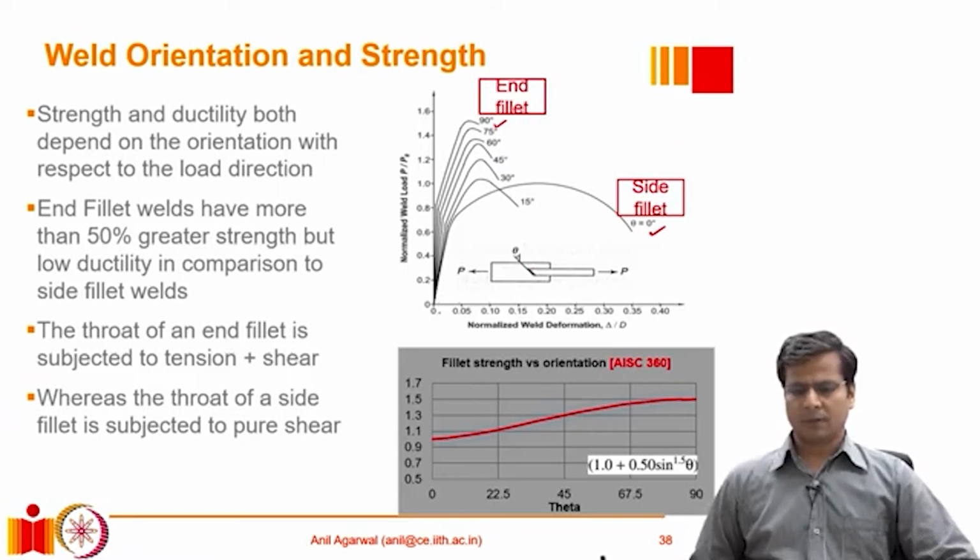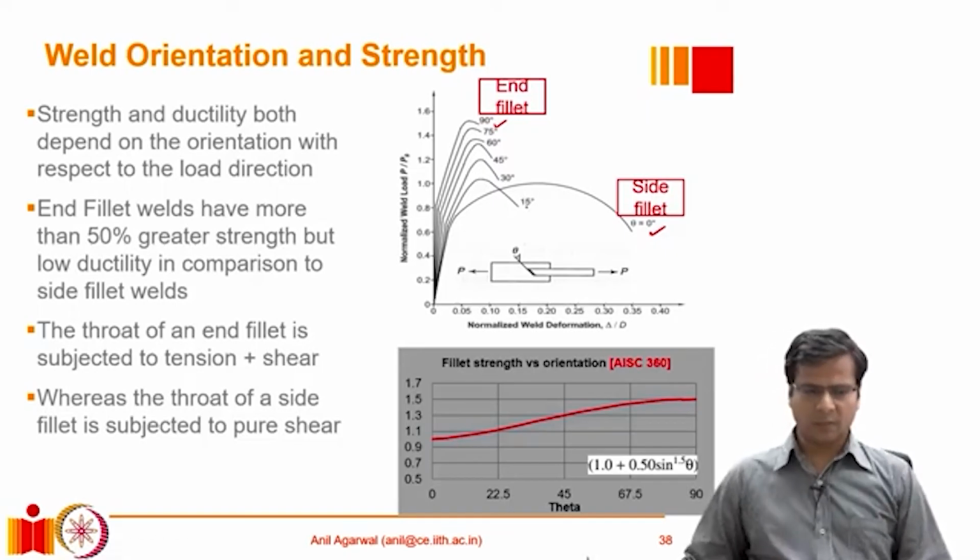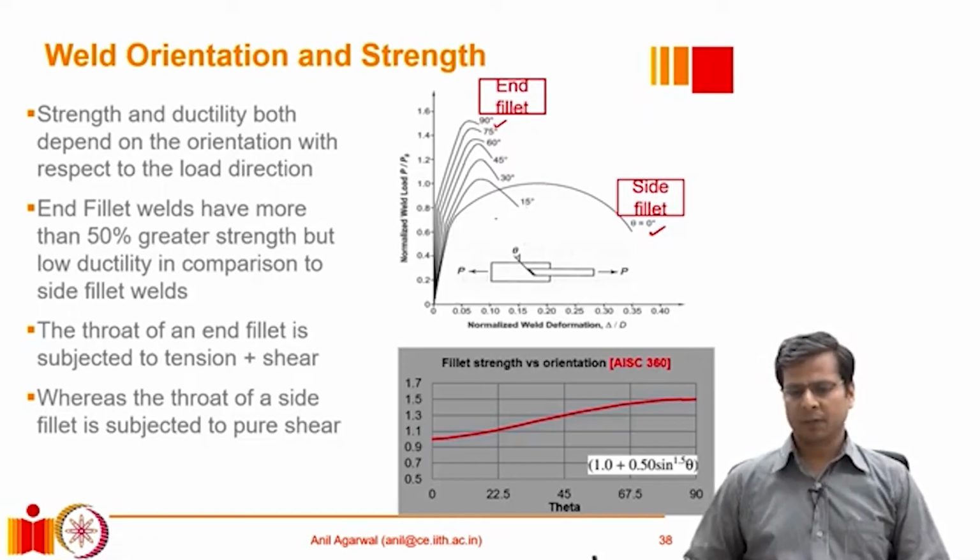Then they plotted the deformation on the weld against the load resistance of the weld, and what they observed was quite significant here, which controls the behavior of a fillet weld. They observed that when we are talking about side fillet, that's when the angle theta is 0, the strength is very small, but when the angle changes to 90 degree, that's when we talk about end fillet.